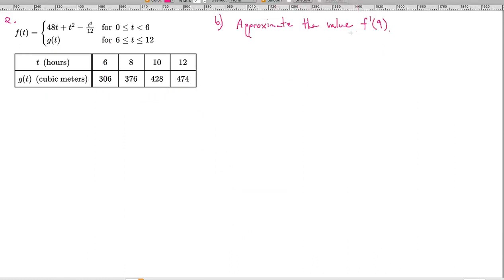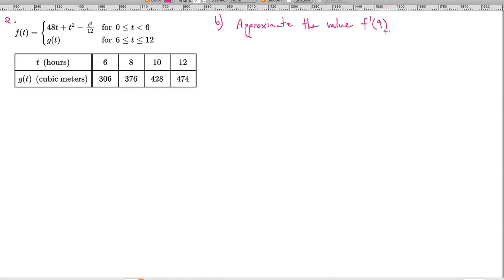Part B, we may be asked to approximate the value of f prime of 9. So basically what you want to do here is know that f prime of 9 is the slope of the tangent line at 9. Now, the slope of the tangent line can be approximated by secant lines.